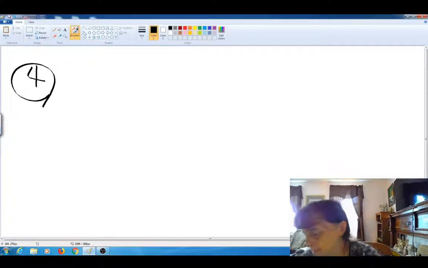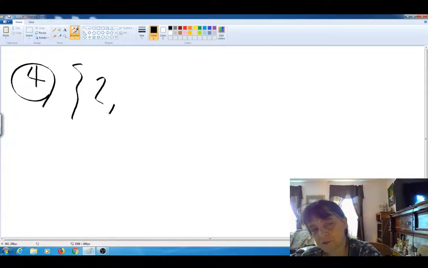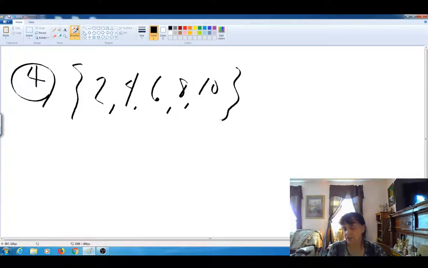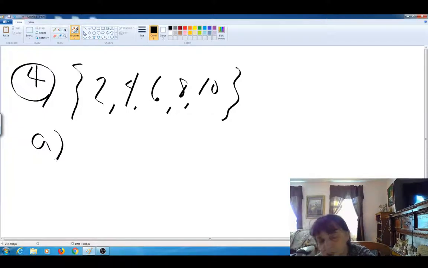Number 4. Write 2, 4, 6, 8, 10 as a verbal description. Okay, I had to change these answers. I have the set A as a set of integers from 0 to 11.